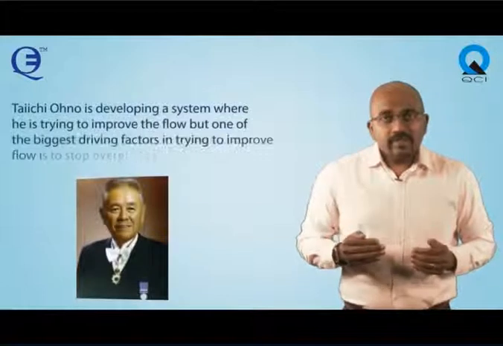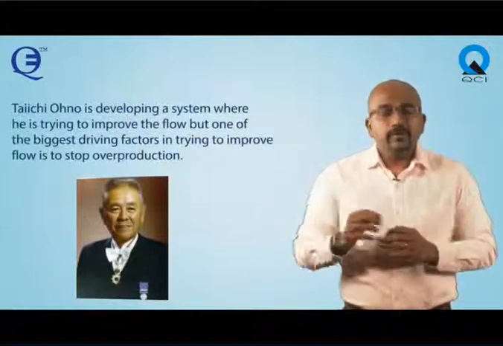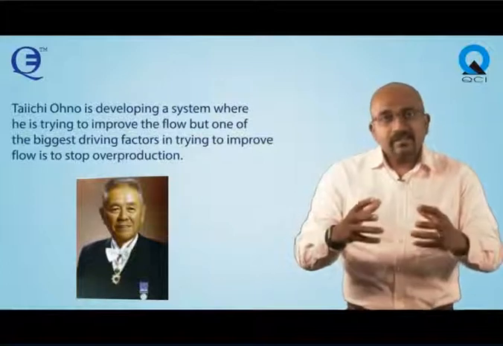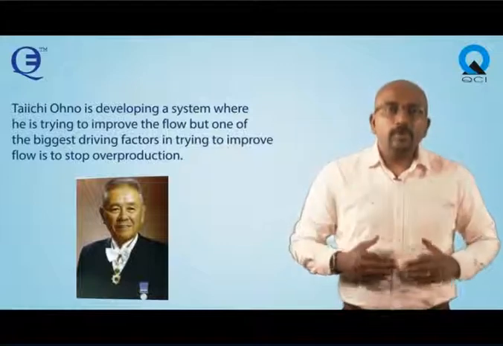Taiichi Ohno is developing a system where he is trying to improve the flow, but one of the biggest driving factors in trying to improve flow is to stop overproduction. This overproduction Taiichi Ohno is trying to control by limiting inventory. And this Kanban system is what is helping him apply the second concept.